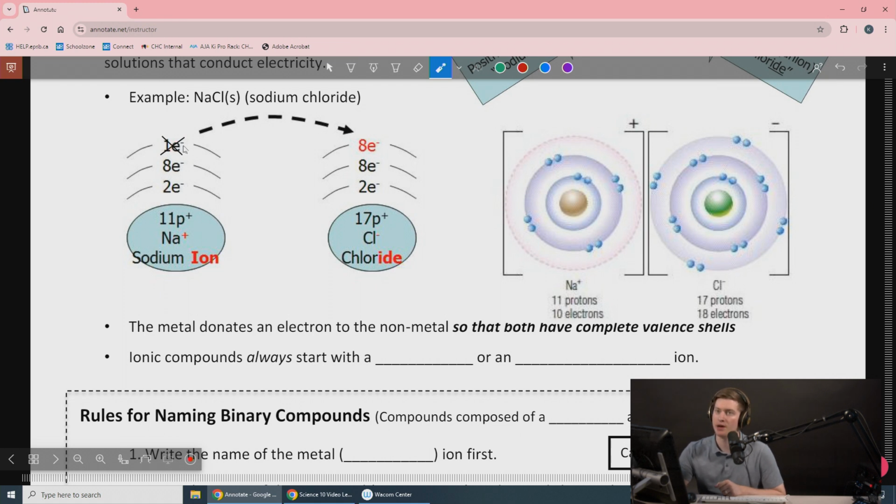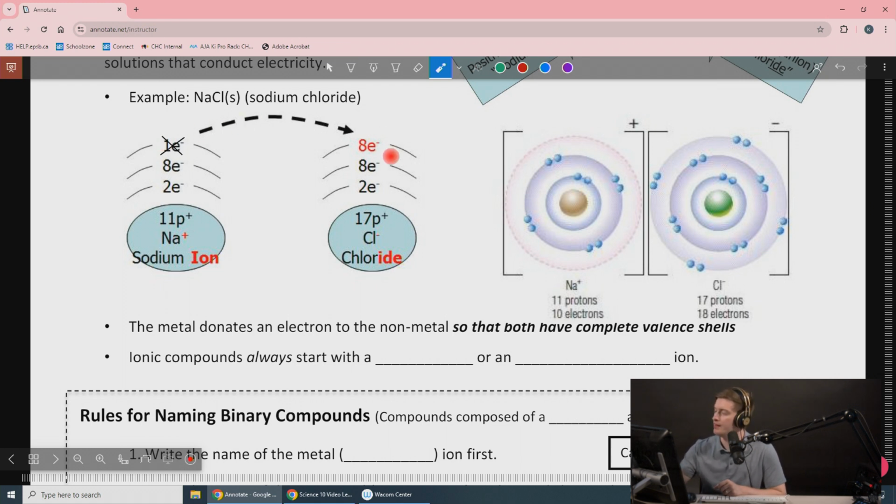When the sodium atom becomes a sodium ion, it gets rid of an electron so that its outermost shell is full. Because it's lost an electron, and electrons have a negative charge, the sodium is left with a positive charge. It has 11 protons and 10 electrons, so overall it has a positive 1 charge.